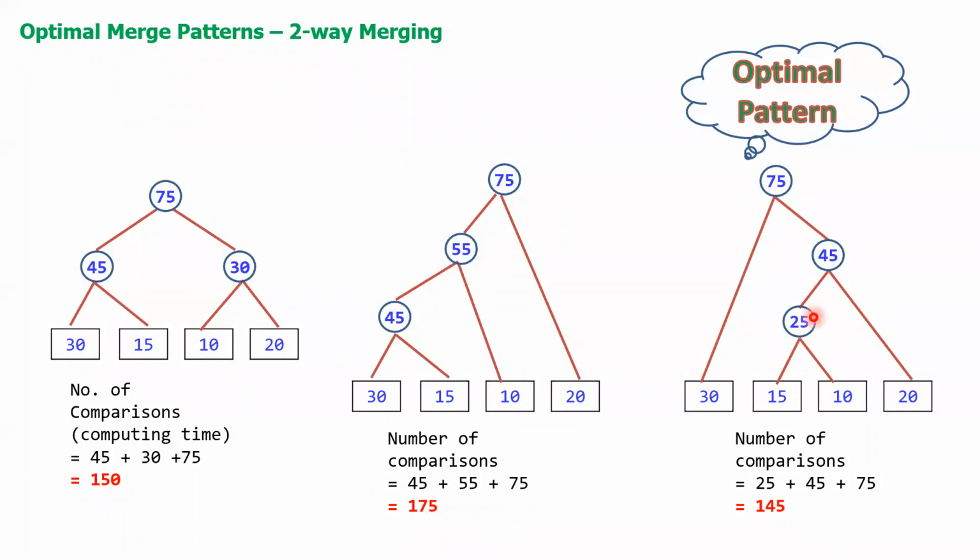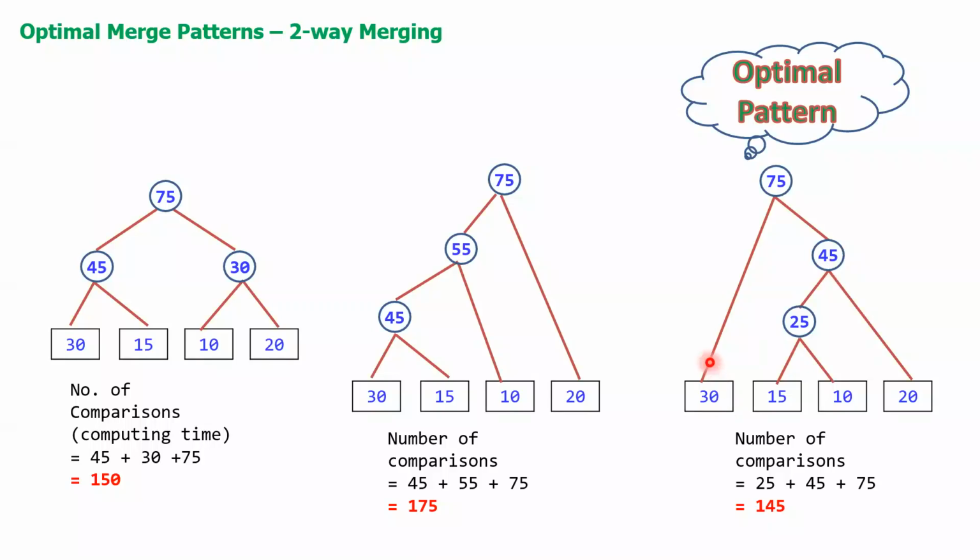Now among these 3, if you want to further merge any 2 files, select those 2 files with minimum size. So I'm going to select this file and this file and merge. Again, now you have 2 sorted lists. One is of size 45, another is L1 with size 30.